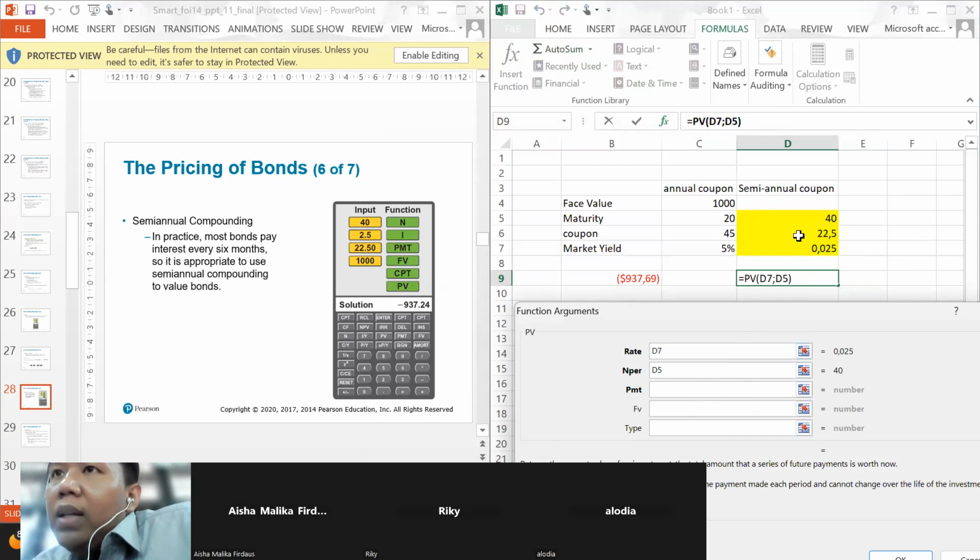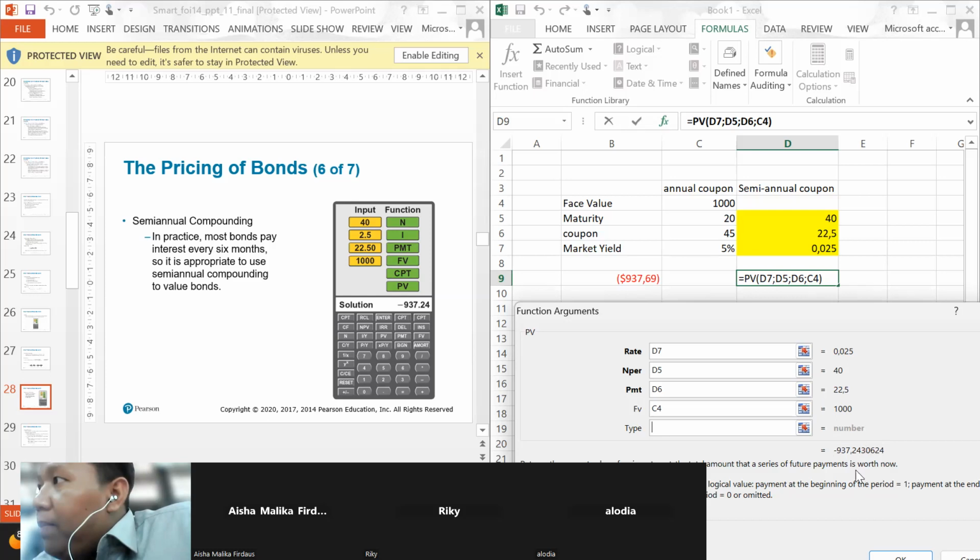The payment is $22.5. And the future value, the same, 1,000. Now, this is the price of the bond that we can buy.